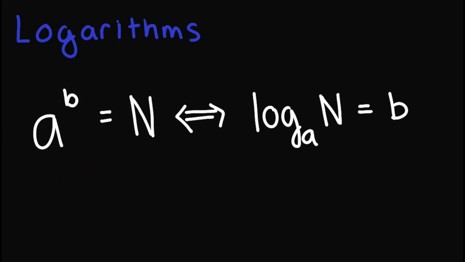So it's like by using the logarithm, we are finding the exponent given the base and the outcome. So something like that. So again, when we say this, we say it as the logarithm of a number n with respect to the base a. The outcome is b. So that is how it works.